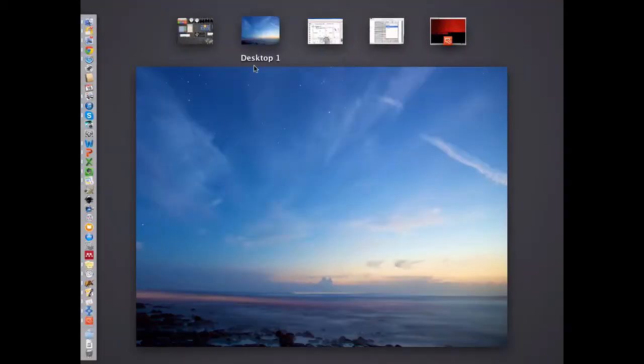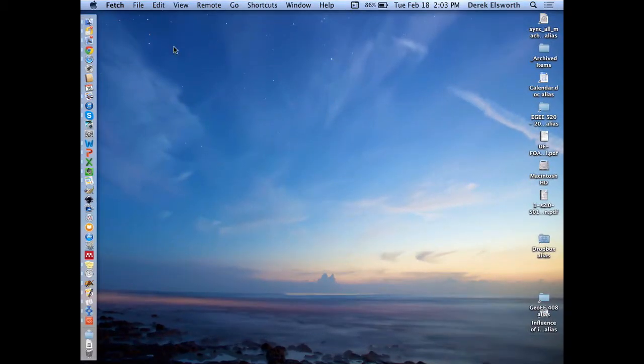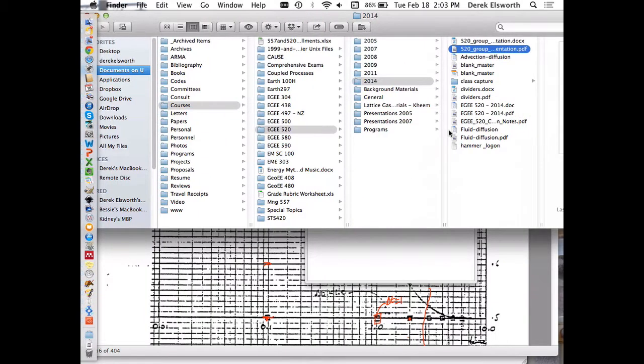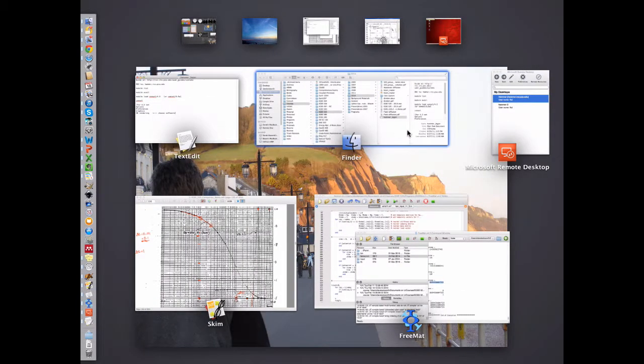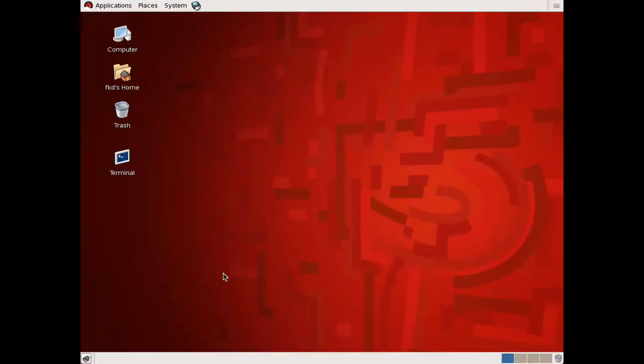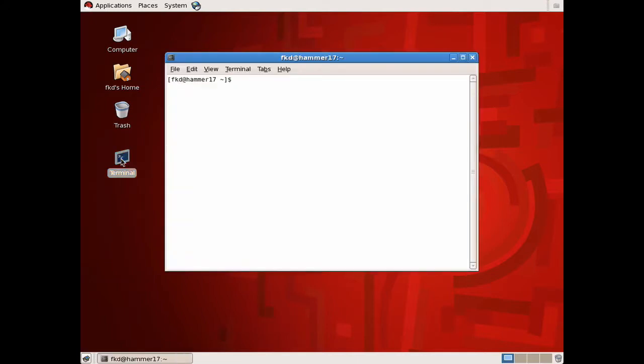Okay. Well, let me also remind myself of what I need to do. I have this little thing here. So what do I need to do? Module load Comsol 3.5a. Okay. This one, backslash, or the other one?